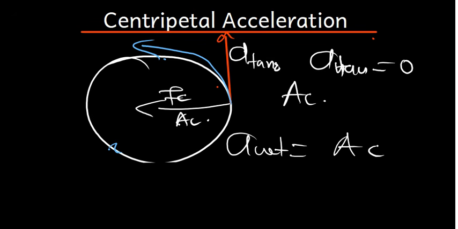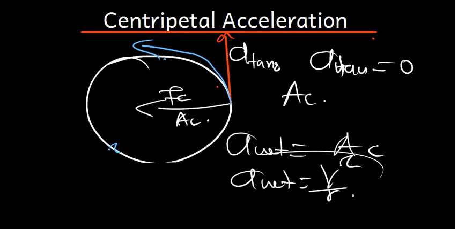So if an object is moving with a constant speed, to find the net acceleration, it's the same as just saying the net acceleration is going to be equal to the centripetal acceleration, v squared divided by r. As simple as that.